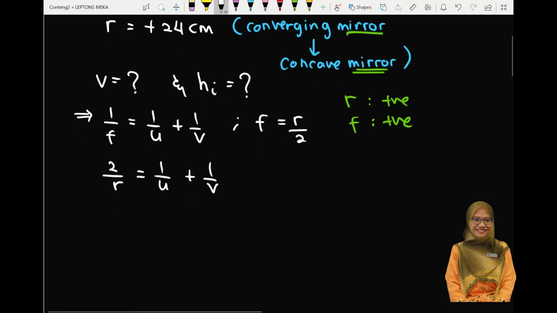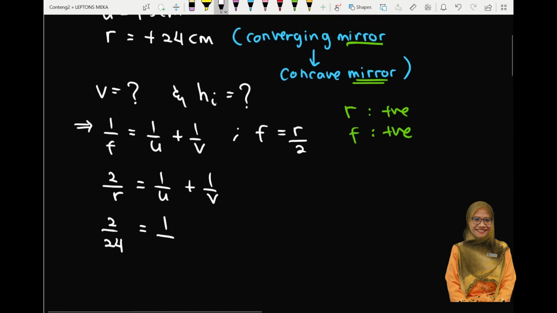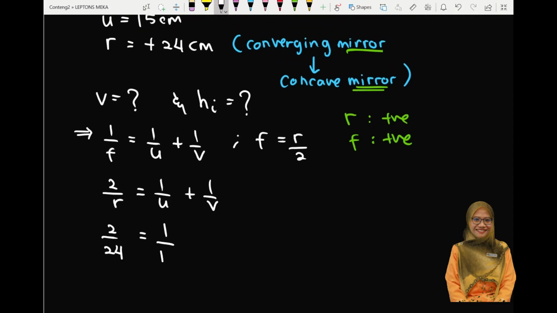So we substitute the values. 2 over 24, positive 24, equals 1 over the object distance 15 plus 1 over v. Therefore, the image distance we get is 60 centimeter.